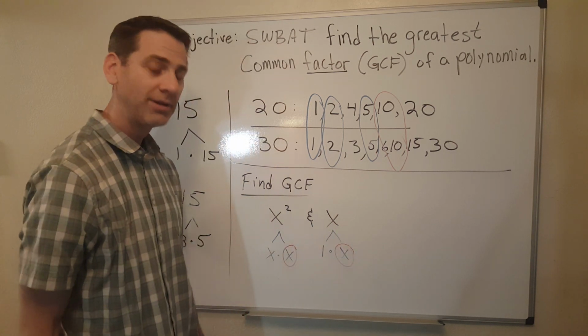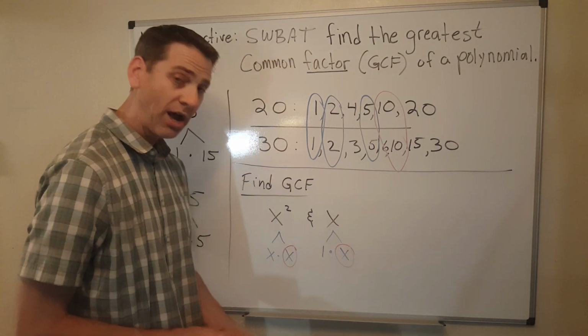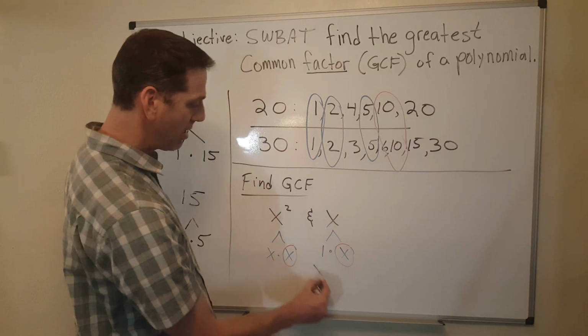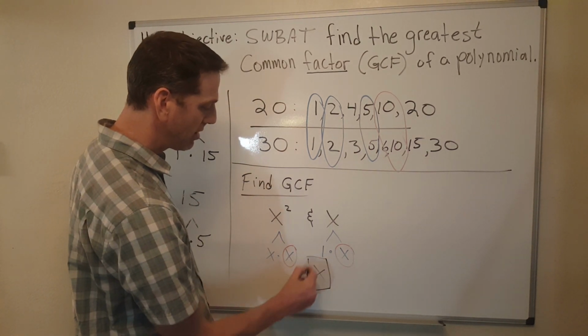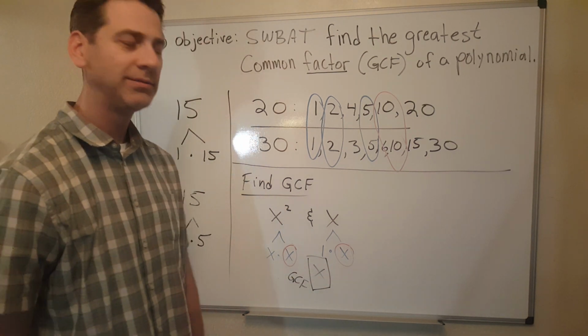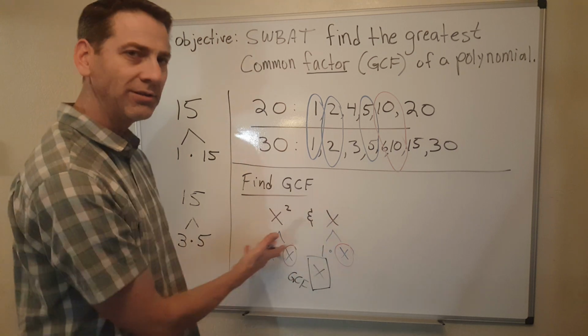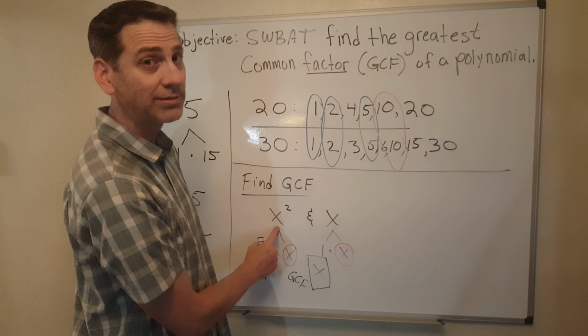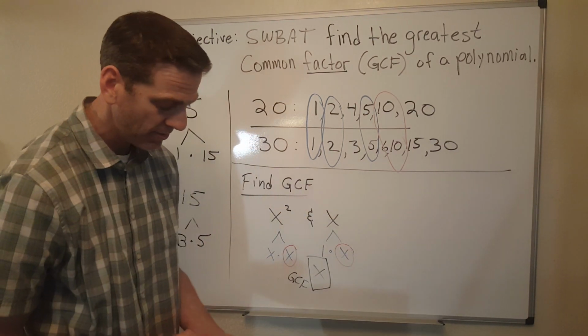See that? So you got it. Your greatest common factor, my GCF, is x. You can see it right here. They both have an x. This has one x and this has two x's. So they share an x in common.